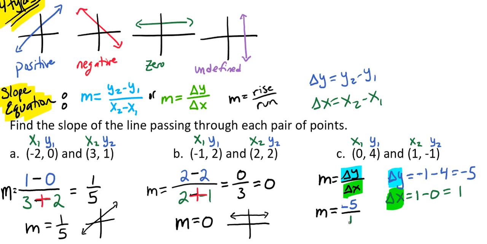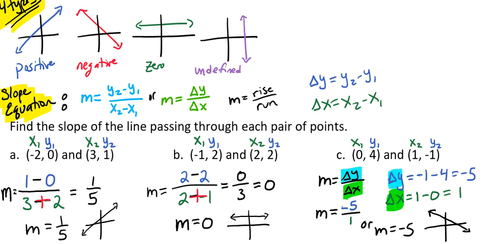So my slope here is negative 5 over 1, or you can write that as m equals negative 5. Because it's negative, that means that my slope is going to look something like this when it's graphed. So that's how you calculate the slope of a line passing through 2 points.